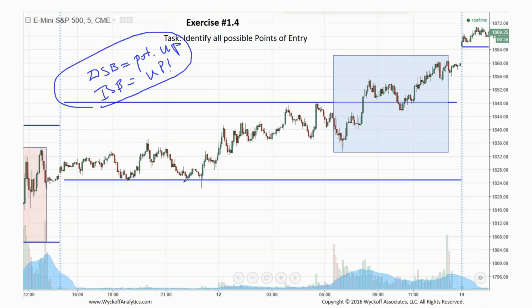Okay, so what would be our points of entry here during the US session? So there's obviously a first change. Sometimes you still have to use this. So that then it looks good. Yeah.